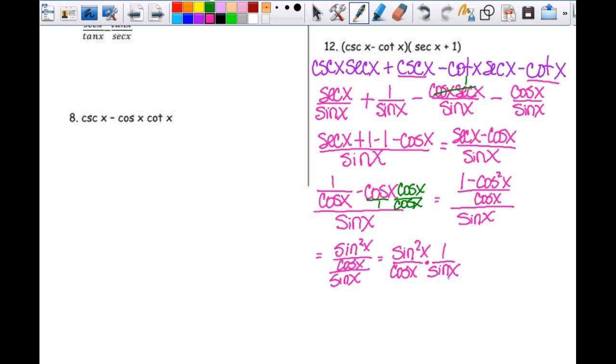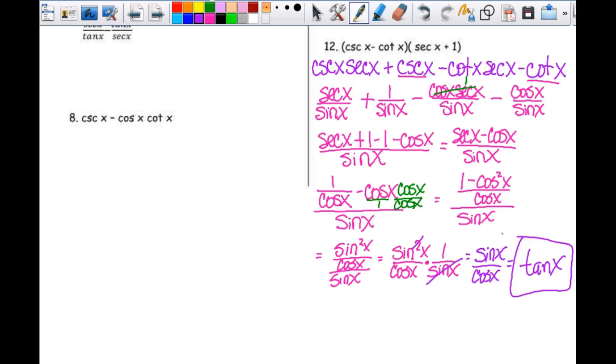Can I simplify that? Yep, because this sine of x can cancel out with one of those. So that leaves me with sine x over cosine x. And what is that? Tangent. All that to get to tangent.